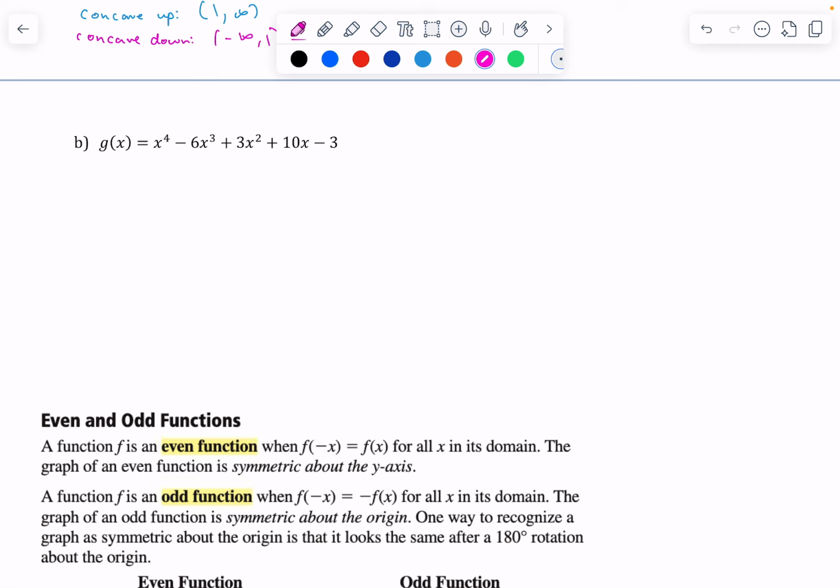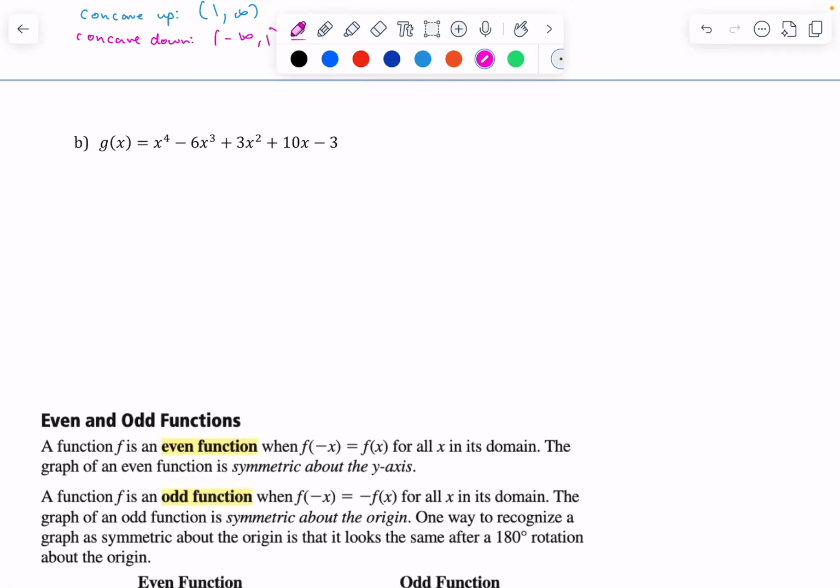Okay, so I adjusted my window so that the x min is negative 5 and the x max is positive 5, and the y min is negative 50 and the y max is 25. You're going to want to adjust your window so that you get a full view of the graph.